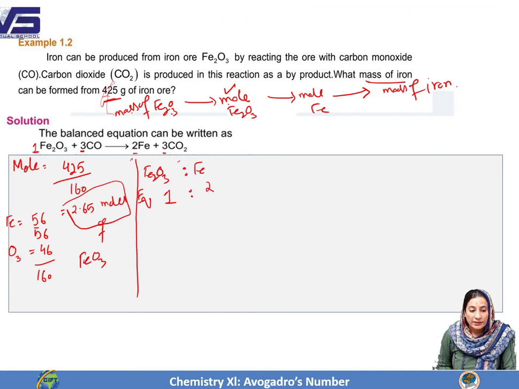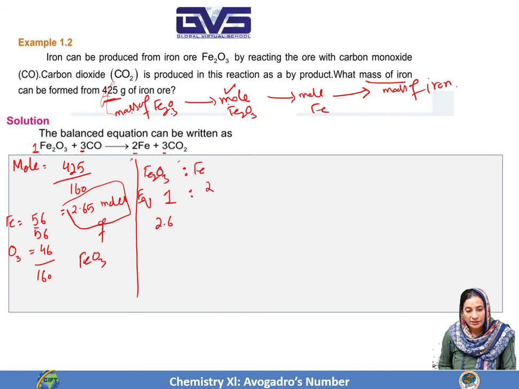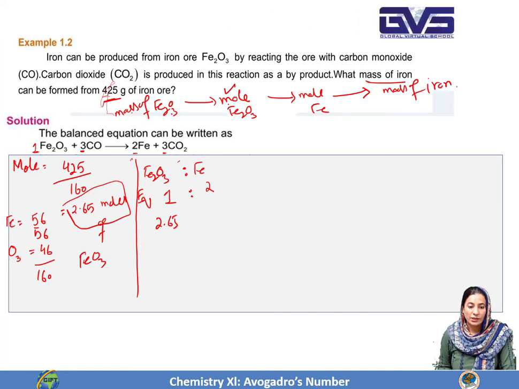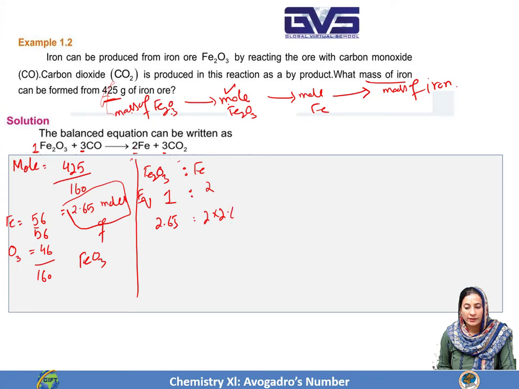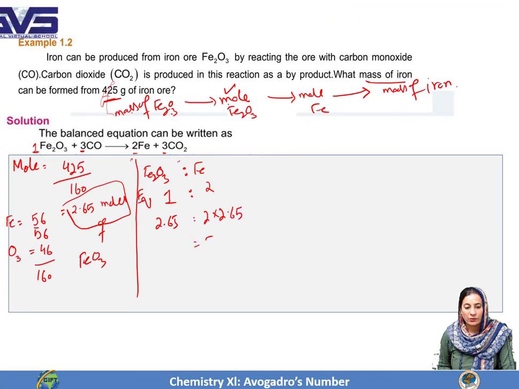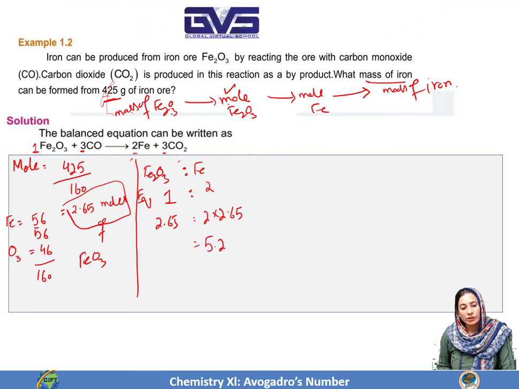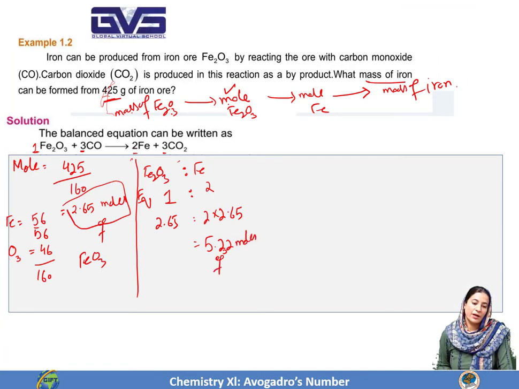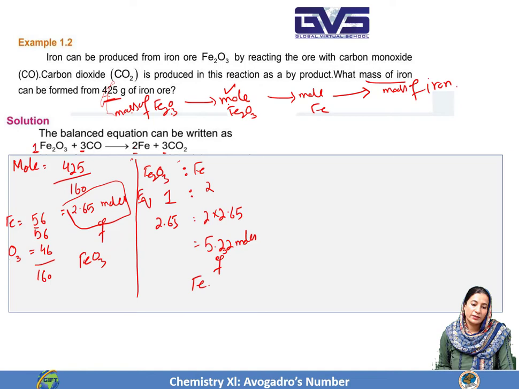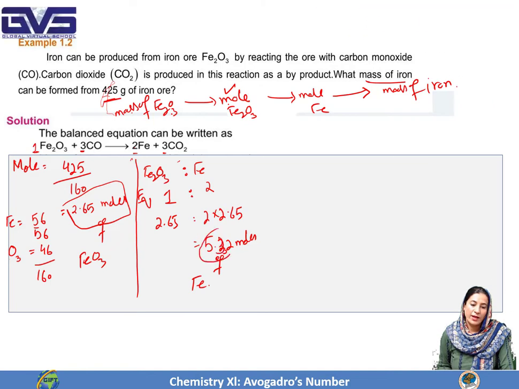So when these 2.65 are consumed, then how many moles of iron are formed? 2 into 2.65, this is equal to 5.32 moles of iron. So 5.32 moles of iron.